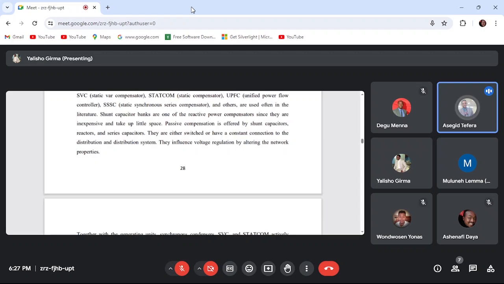So when we compensate reactive power, the voltage profile and power loss are also compensated or changed. So these are my comments, I can correct them in my document. So thank you.